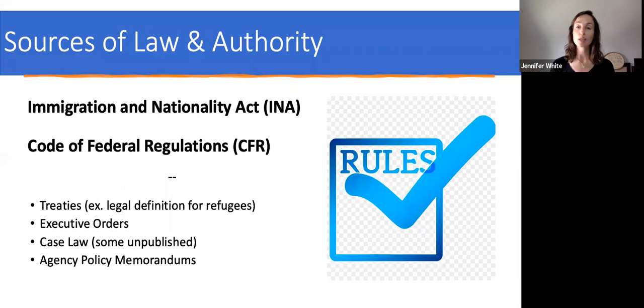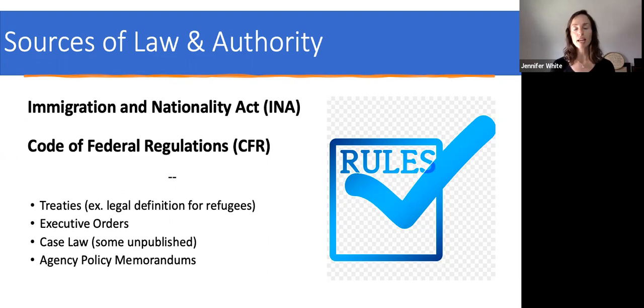And then we have agency policy memorandums that aren't quite law, but they operate in such a big way that they can appear like law. For example, because the executive branch has so much power over immigration, when the executive sets into place certain policies, agency policy memorandums are distributed and directly affect the way that immigration officers adjudicate a case.